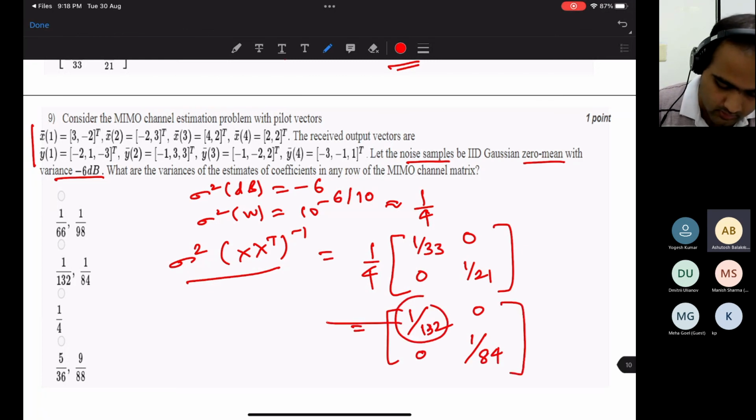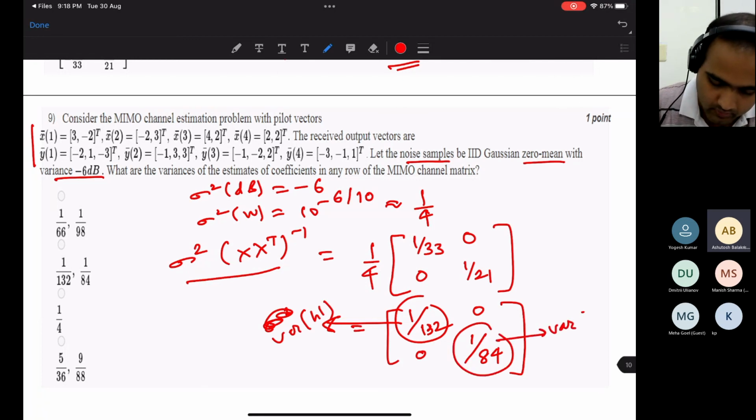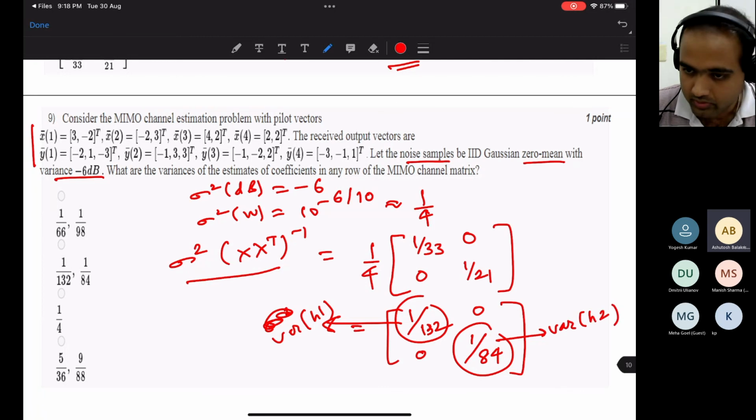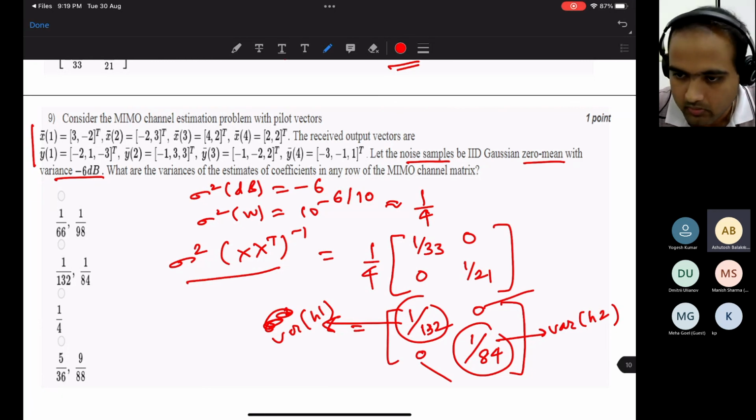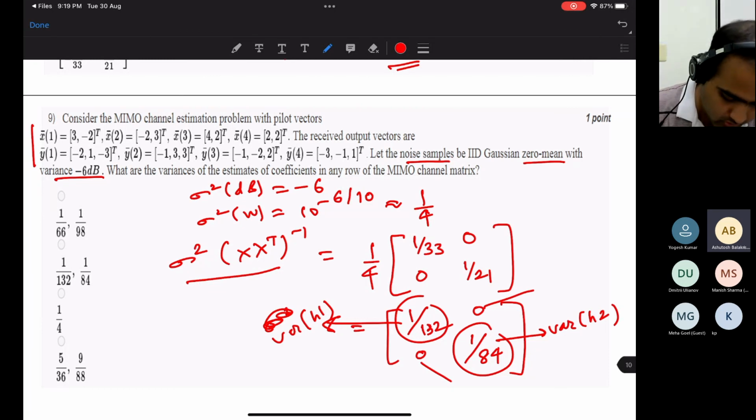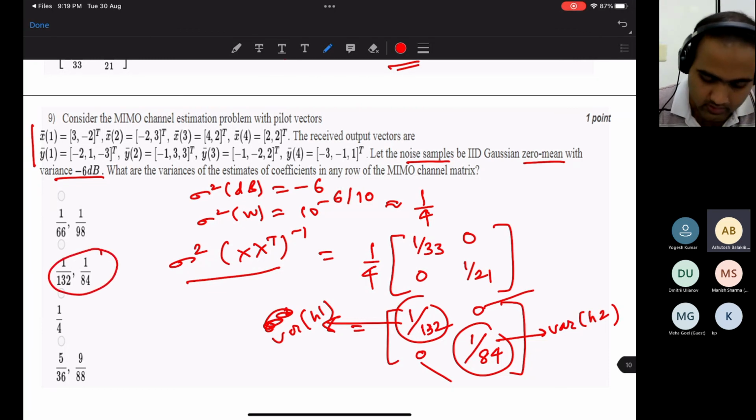So this is my variance over H1, and this is my variance over channel H2. And these are my cross variances, which are 0, that is, both the channels are independent of each other. So 1 by 132 and 1 by 84. This is the answer. Any doubt?